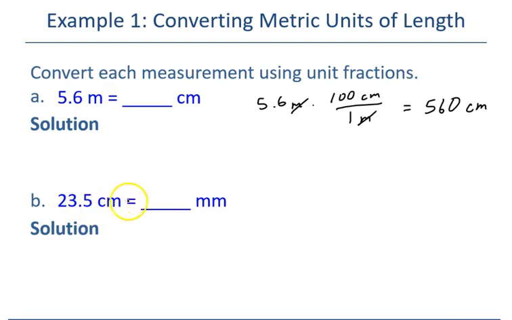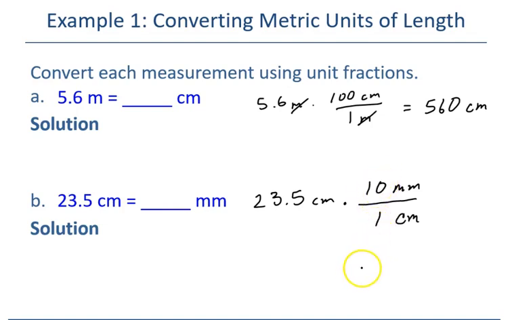Well, notice here that we got 23.5 centimeters equals how many millimeters? Let's put down our 23.5 centimeters. We know that's going to be the guy we're going to get rid of. We know we're going to multiply this, and something is going to have to be here. A centimeter is going to have to be on the bottom. Millimeters is going to have to be on top. Just for the sake of it, I know that 10 millimeters equals 1 centimeter.